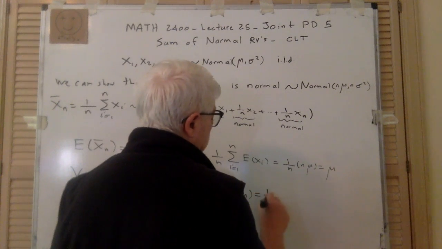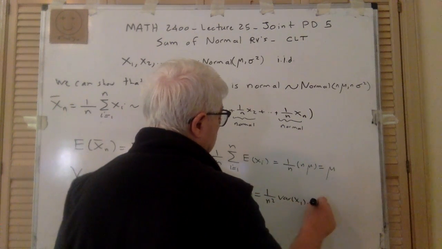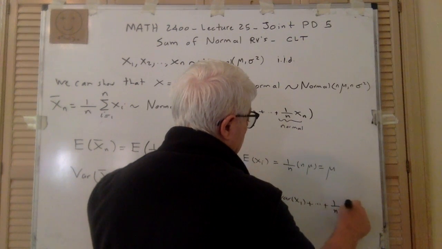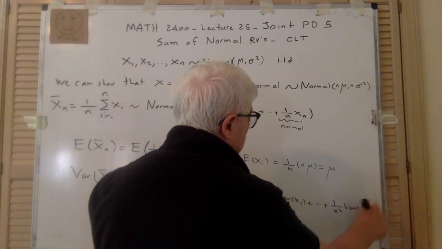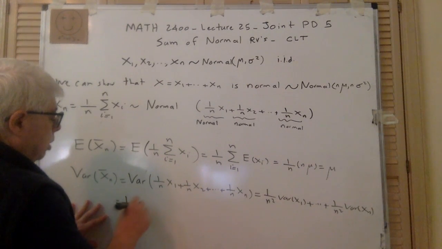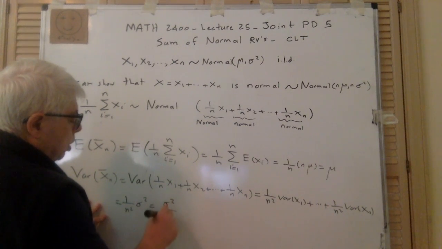So we have 1 over n squared variance of x1 plus dot dot dot 1 over n squared variance of xn. Now each one of them is sigma squared, so I have 1 over n squared sigma squared, or sigma squared over n squared.